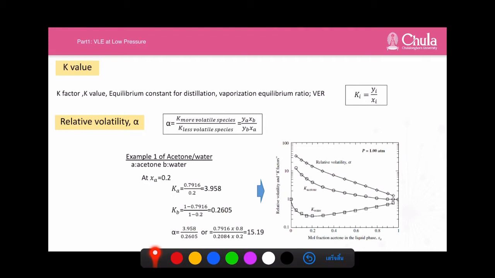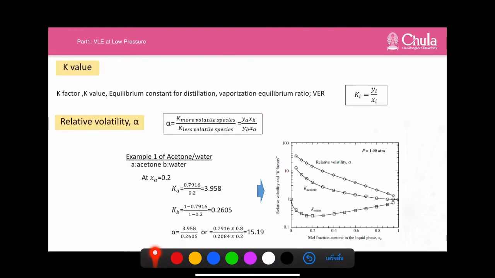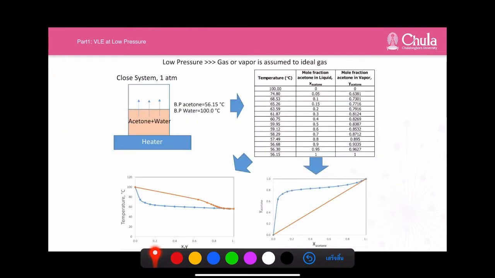For example, at xa, x of acetone, is 0.2, x of acetone 0.2 is here, okay. x is 0.2 is in equilibrium with y is 0.7916 here.